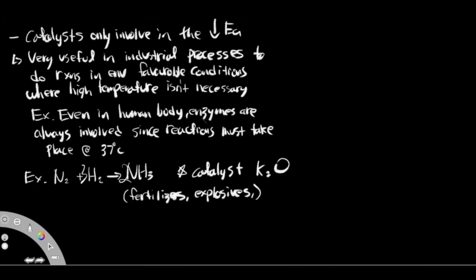Now, it is important that we yield NH3 quickly, as opposed to using an increased temperature, which is a long process, and this can actually reverse the reaction. So rather than putting this here, I'm actually going to put in the other direction as well. It can actually go backwards.